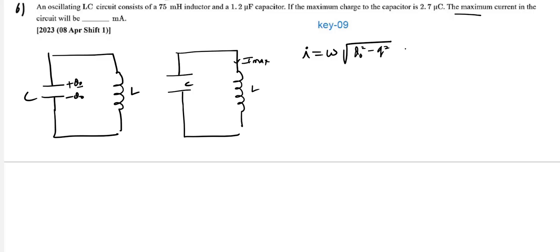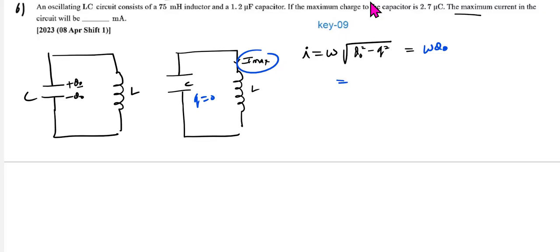It is similar to the SHM formula, X equal to omega root of A square minus X square. Maximum current is asked, and it will come when Q is 0. Then this will become omega Q naught.